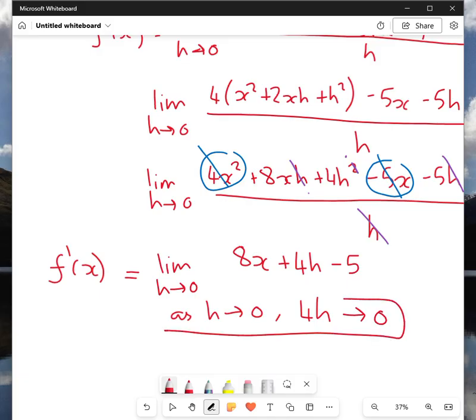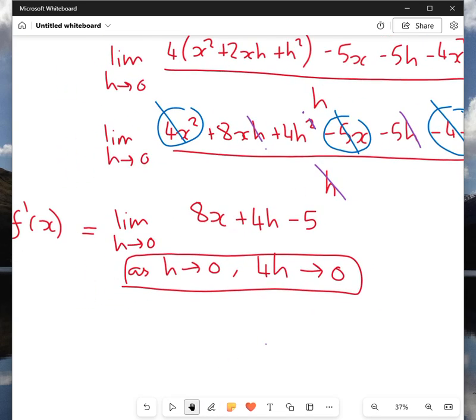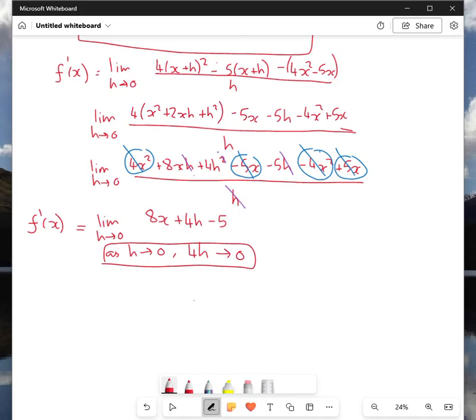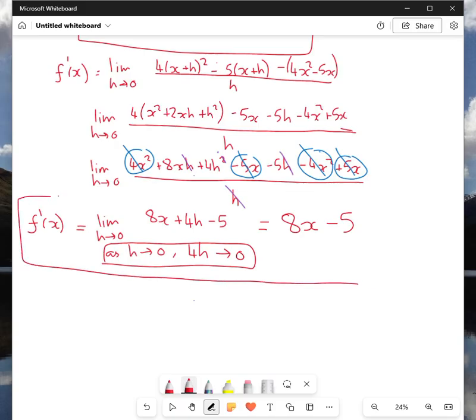So therefore this thing will become just 8x minus 5, and that's what we wanted. So the first derivative, dy by dx, is 8x plus 4h minus 5, but we know as h tends to 0, 4h tends to 0, so we're just left with 8x minus 5.